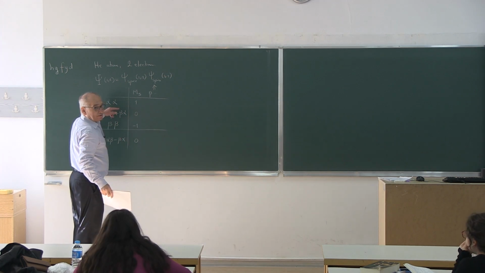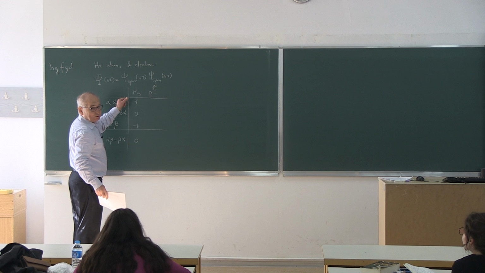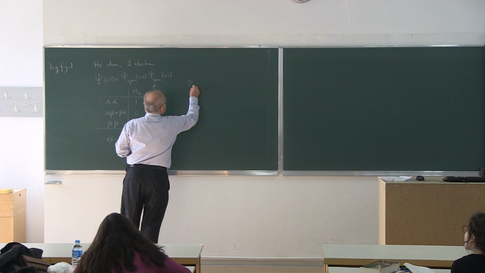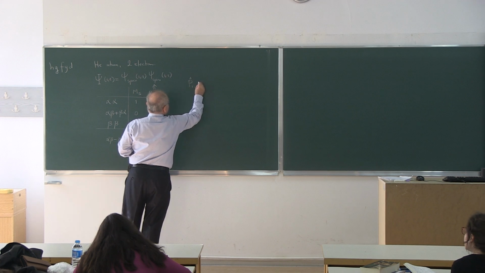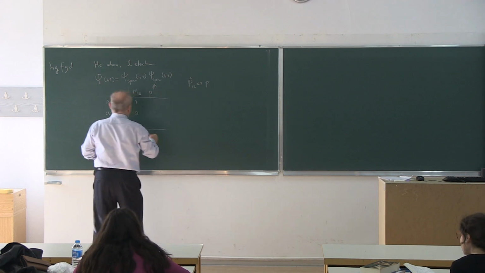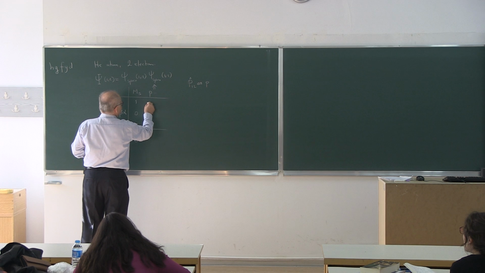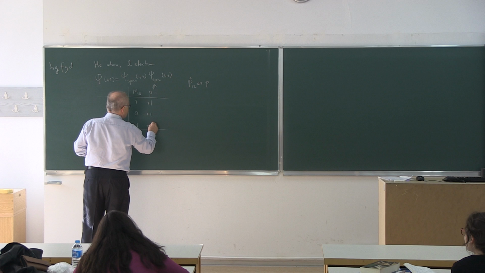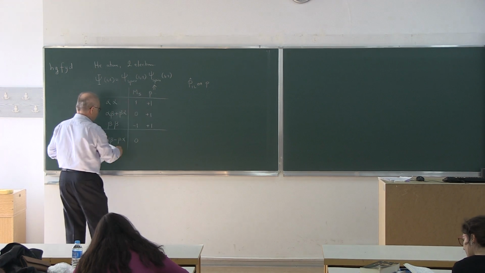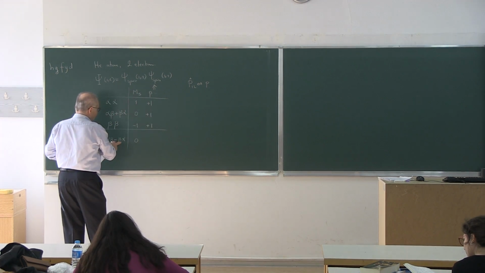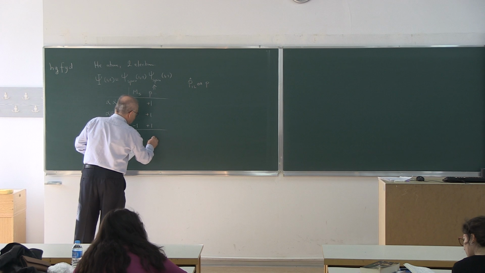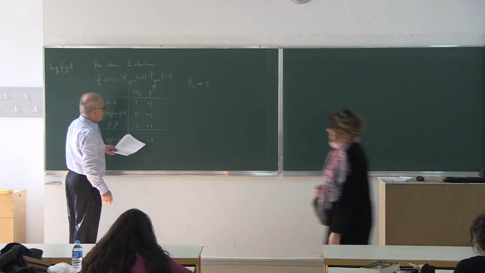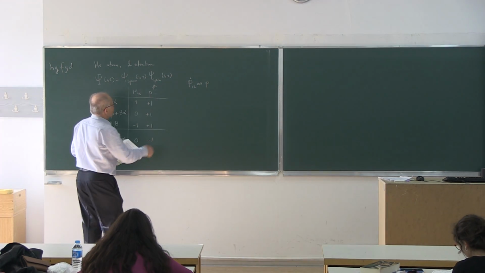They are eigenfunctions of the permutation operator P12 with eigenvalue P. These three functions are all symmetric with respect to spin exchange, whereas the last function here is anti-symmetric with respect to spin exchange.